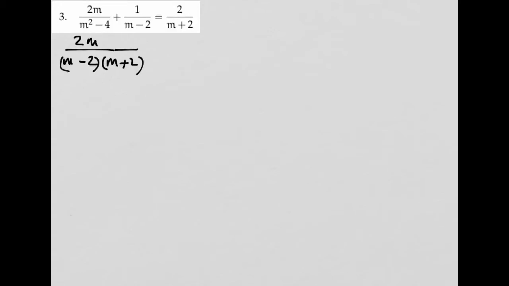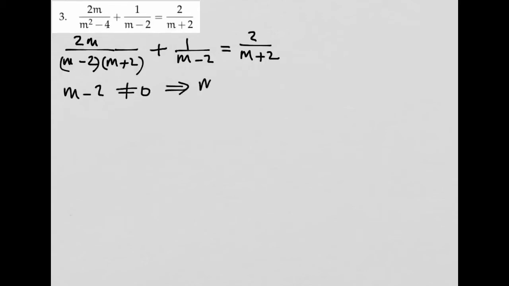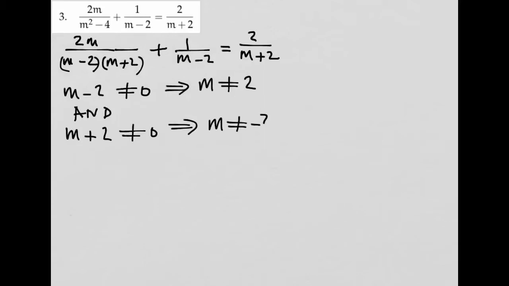This is the difference of two squares, plus 1 over m minus 2 equals 2 over m plus 2. Note that m minus 2 cannot equal 0, which means m cannot equal 2, and m plus 2 cannot equal 0, which tells us that m cannot equal negative 2.